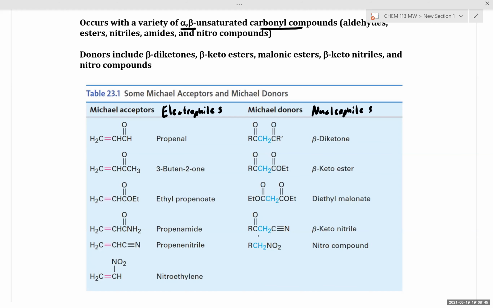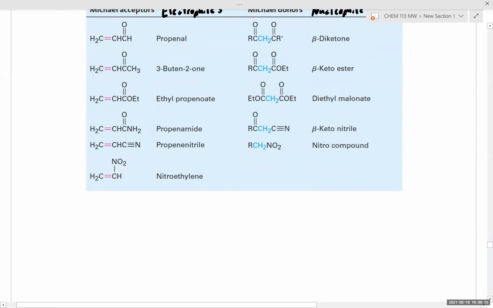That as long as you have a reasonably stabilized, easy to form enolate, and as long as you have a reasonably electrophilic alpha beta unsaturated compound, you can see an appreciably efficient Michael reaction. Okay, so let's keep going then.